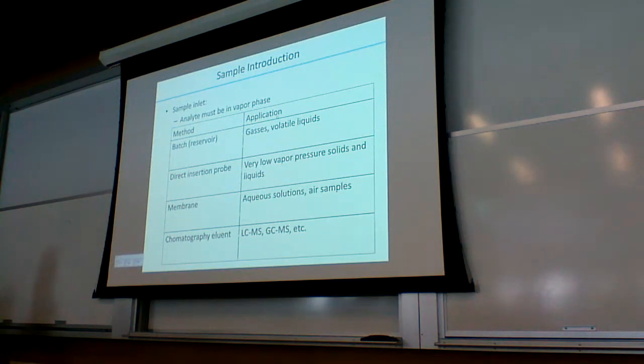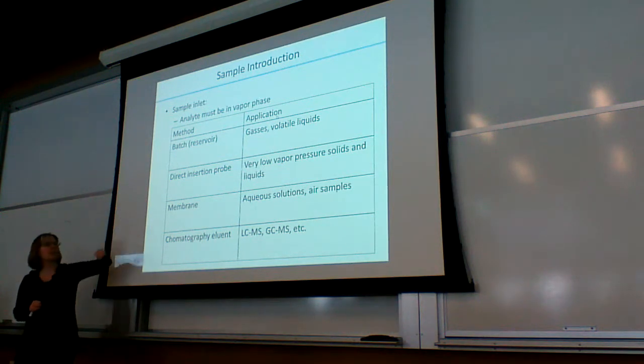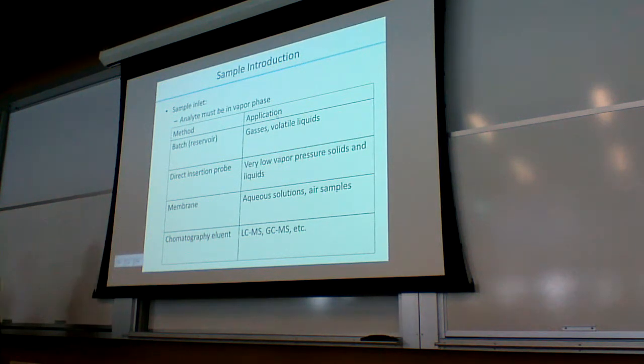And these two in particular, you would want to use only on very pure samples. If you were trying to identify just one molecule, you would want a very pure sample so that those are the only ions you're seeing in your mass spectrum. You wouldn't want to use those for mixtures of things. So the batch and the direct insertion probe, you primarily would want to use with very pure samples.